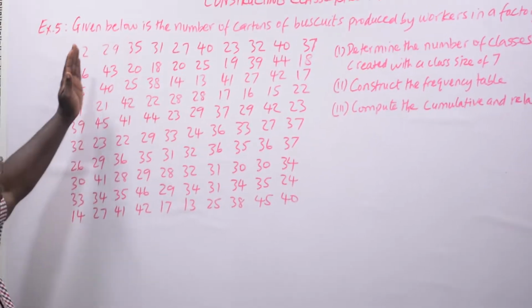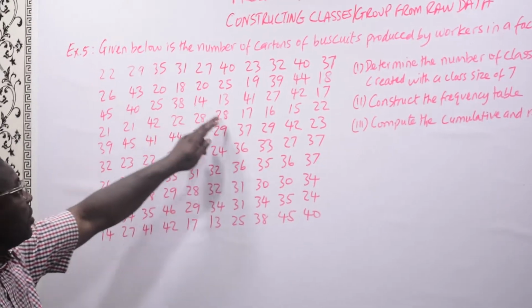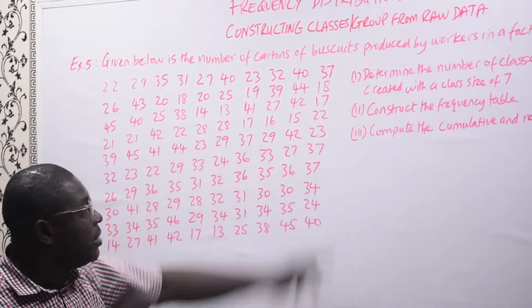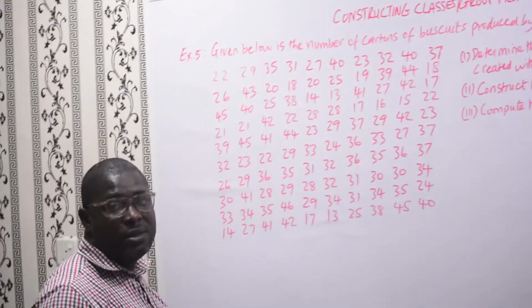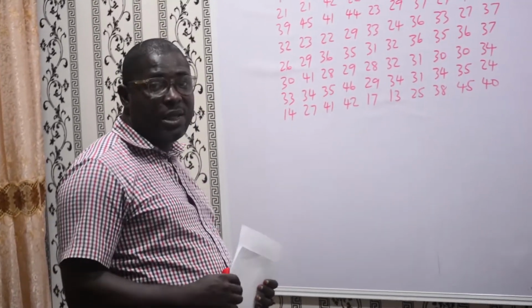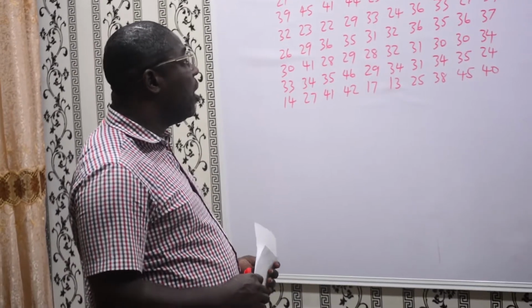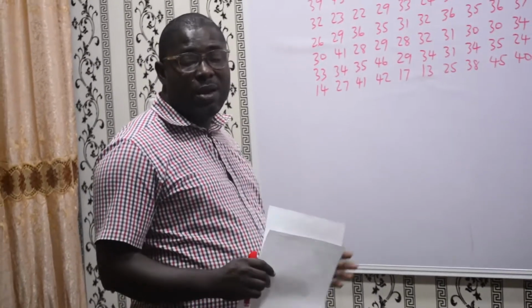How many columns? 1, 2, 3, 4, 5, 6, 7, 8, 9, 10. So we have up to 100 data. So how do we put them in classes and groups? That's the task we need to deal with.